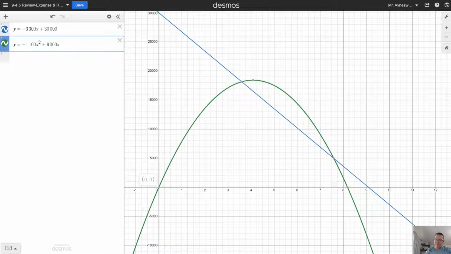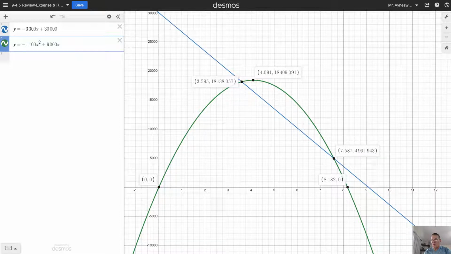When you click on the function, all of the critical points will come up. Like where the parabola, the revenue function, meets the x-axis, we call those the roots. They're the x-intercepts of the function, and they will have meaning, and we'll interpret those here in a minute. The maximum point at the top of the revenue curve gives you the maximum. We'll talk about that. The break-even points are where the revenue equals the expenses, and that's where you see the intersection points here. So click on those.